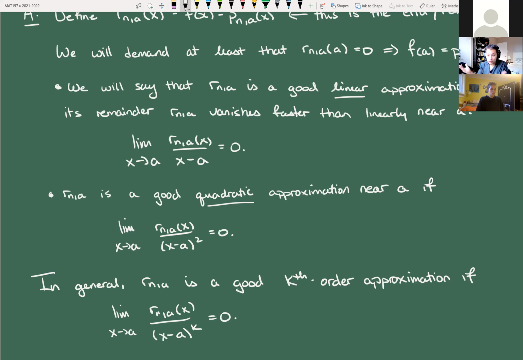And that means that it's a good approximation because if your error is approaching 0, right? Again, away from a, we have no guarantee. They're probably not equal, right? The remainder and the function aren't going to be equal, but the polynomial might do such a good job of approximating your function that its remainder is very, very small and is going to zero faster than (x minus a) to the k. So that's the idea there.